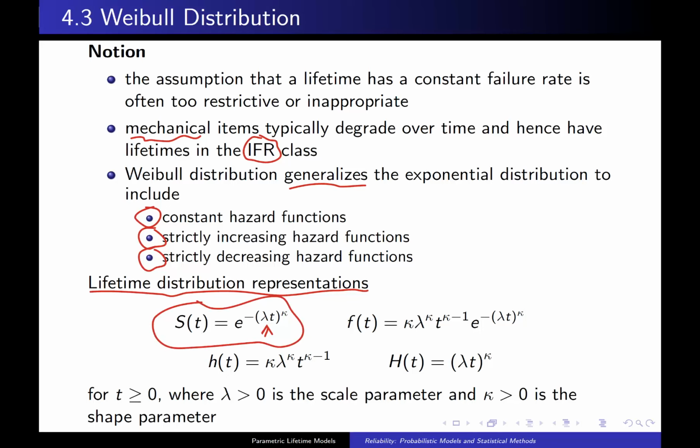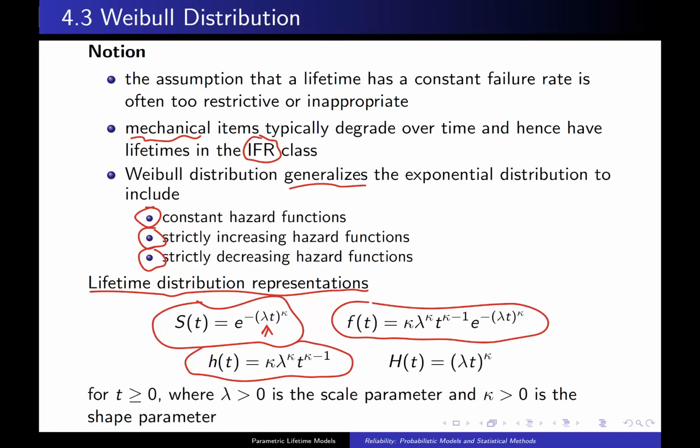If you differentiate that and negate, you will get the probability density function, which looks like this. The hazard function is the ratio of the probability density function to the survivor function, so that is f of t over S of t, and if you look at those two, you can see the exponential terms dropping out, and you get this.